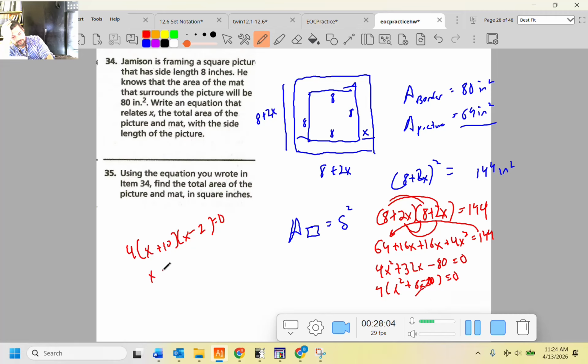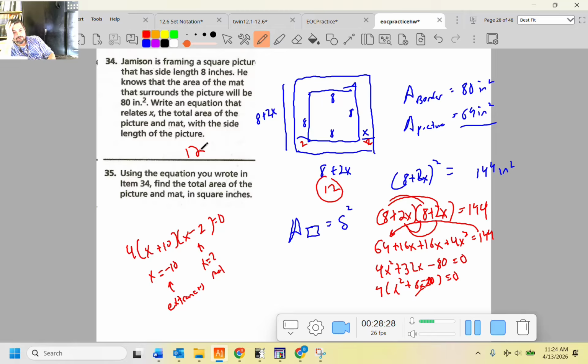So this tells me that x is negative 10, which would be extraneous, or x is 2, which is real. Now, if x becomes 2, suddenly I have side lengths of 12, because 8 plus 2 plus 2 is 12.